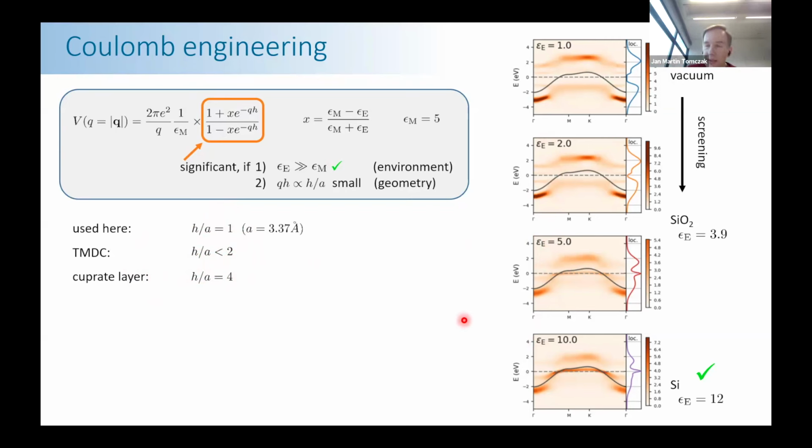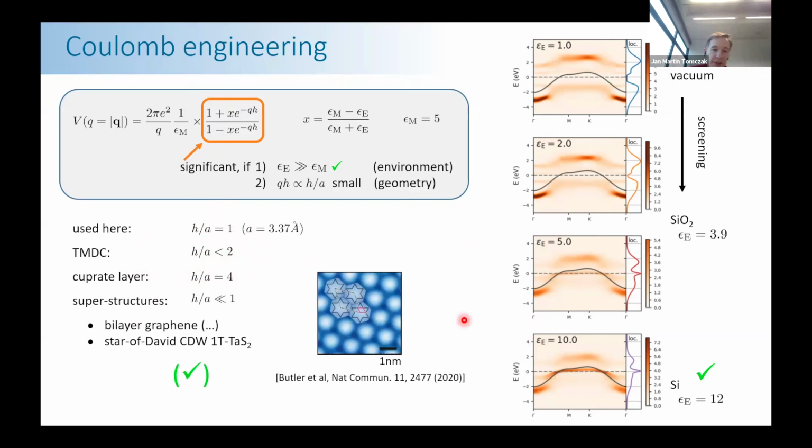Well, this can be helped by one thing, and that is superstructure. So you can artificially increase your lattice constant. In bilayer graphene, the lattice constant is enormous. Of course, the physics is more complicated than a simple Mott insulator. Or in this system that I mentioned in the beginning, this thallium sulfide, that has a charge density wave reconstruction, also shown here, which largely increases the lattice spacing.